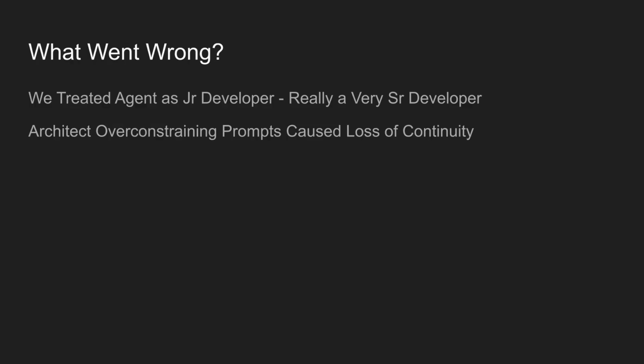Ultimately, what we really learned from all of this is that we started thinking about this a different way. I've been treating the agent as just a junior developer that needed explicit instructions, that couldn't make good decisions on its own. We were trying to start at an architectural level, hand it off, expect specific results, and then come back, review the work, and change it if it wasn't to expectations.